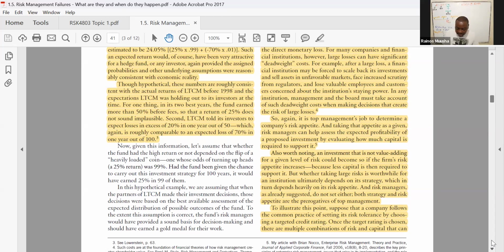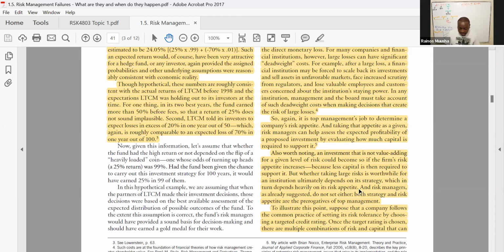But whether taking large risks is worthwhile for an institution ultimately depends on its strategy, which in turn depends heavily on the risk appetite. And remember, when it comes to analyzing in more detail the risk appetite of the organization, we are going to be looking at it in study unit 9 as well.